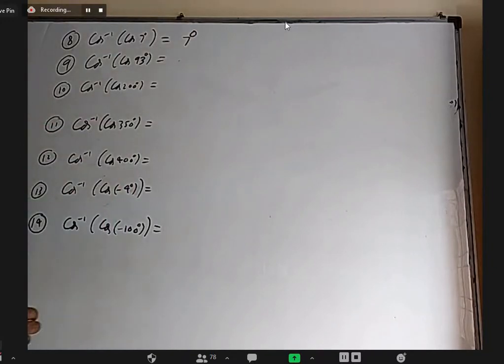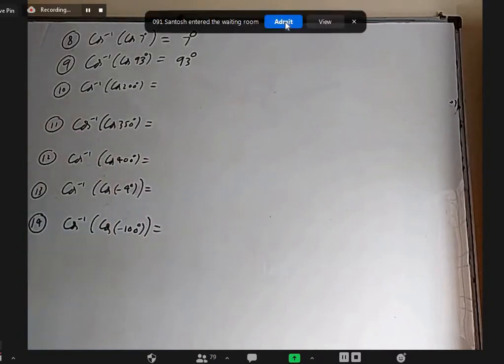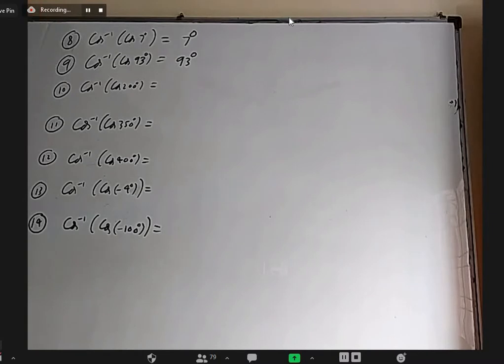Second one 93 degrees. 10th one is 160 degrees. Yes, correct. 11th one is 10 degrees. Okay. 12th one is 40 degrees. Okay. Let me explain up to here, then we'll come back.